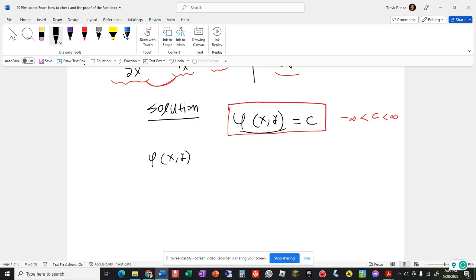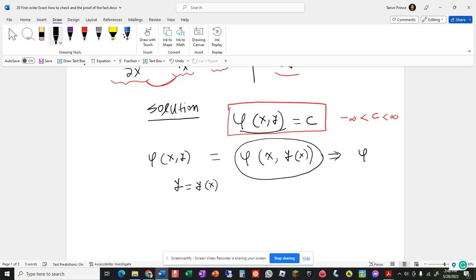But remember, y itself is a function of x. So I can rewrite this as x comma y of x, and we should not forget that. So at the end of the day, we can think of this whole thing phi as some function of x, because y itself is a function of x.